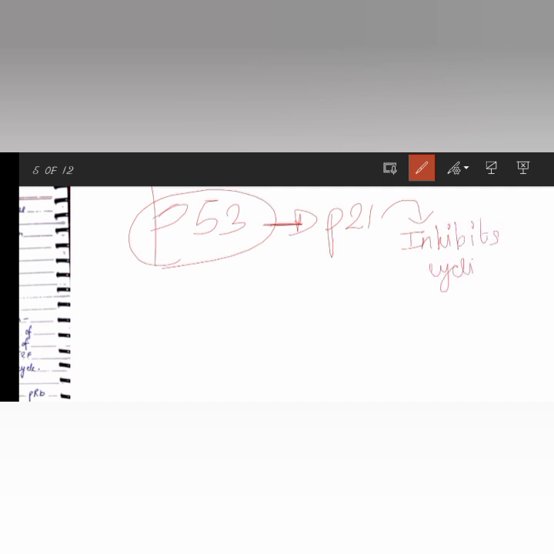Now, we will talk a little more about P53. P53 in turn recruits P21. P21 inhibits cyclin. Thus, it is a cyclin inhibitor.